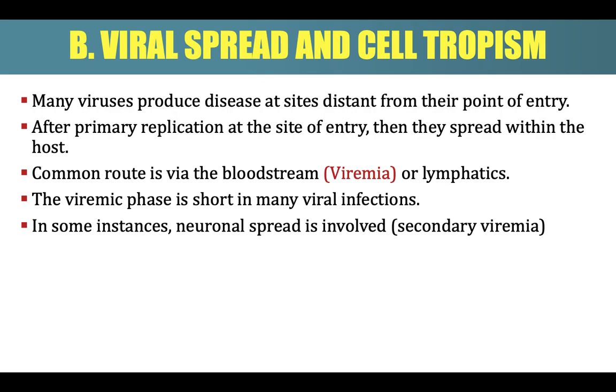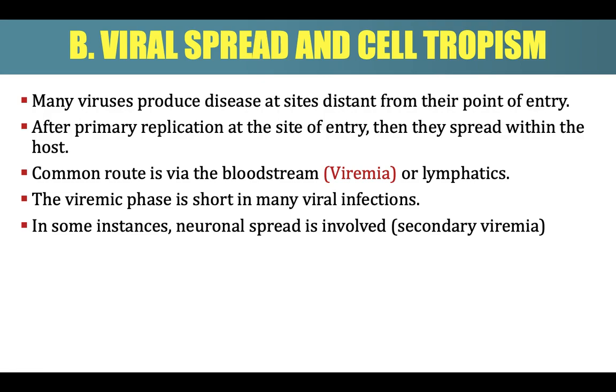Many viruses produce disease at sites distant from their point of entry, so you do have to remember this. Just now we discussed influenza and noroviruses, where the infection is just local at the site of entry, but many viruses produce diseases at sites distant from their point of entry.